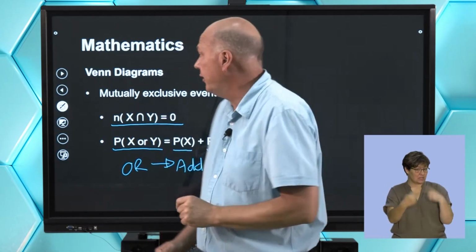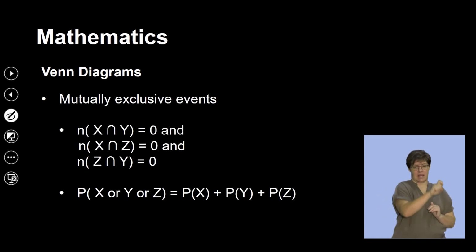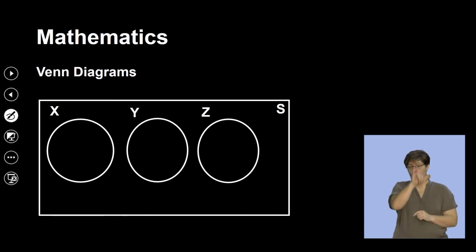Well, have a look at the Venn diagram. There we go. We've got the Venn diagram of X, Y, and Z, and you'll notice that those do not have any overlap. There is nothing in X that is in Y, and nothing in X that is in Z. So these are mutually exclusive.